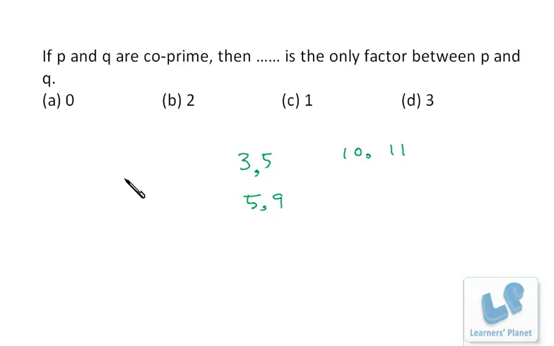If the numbers are co-prime to each other, it's not necessary that the numbers individually should be prime, right? Even in this case, number 9 is not prime, but 5 and 9 are co-prime to each other. Similarly, 10, 11 are co-prime to each other. Okay, so the only common factor between these two is just 1, right?